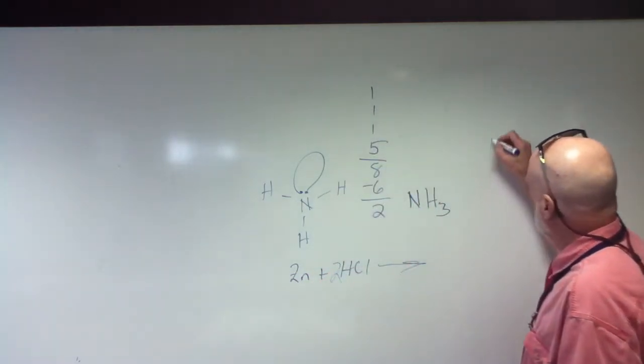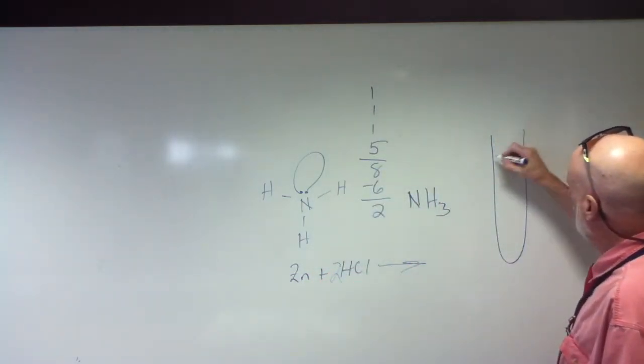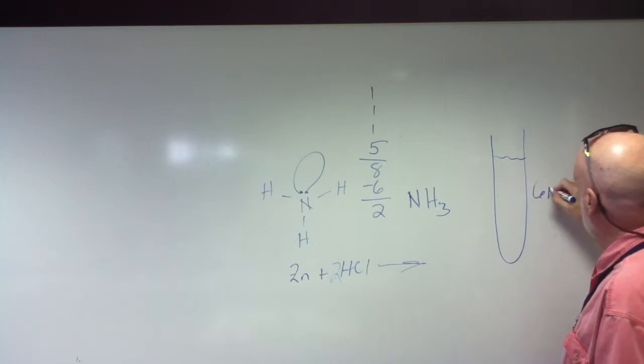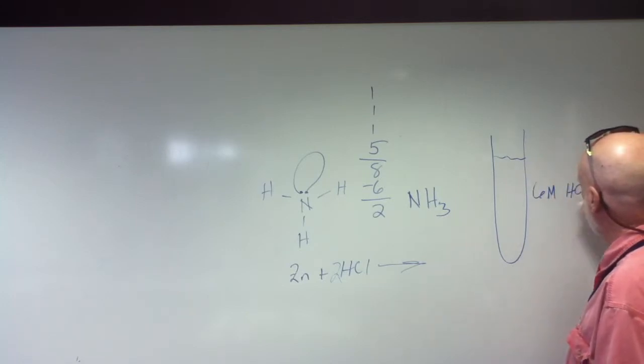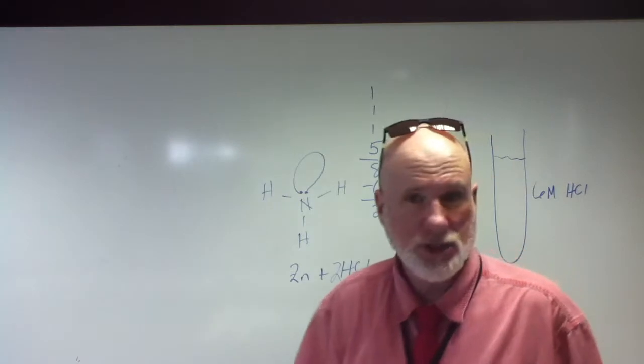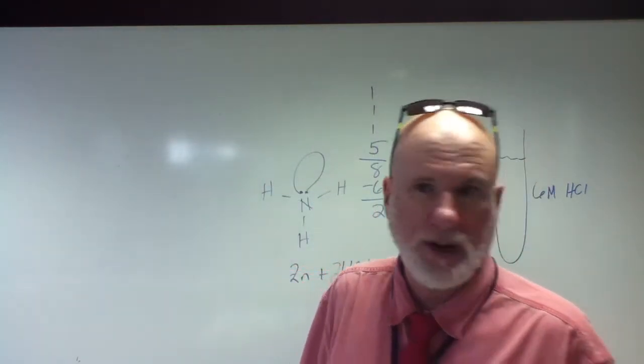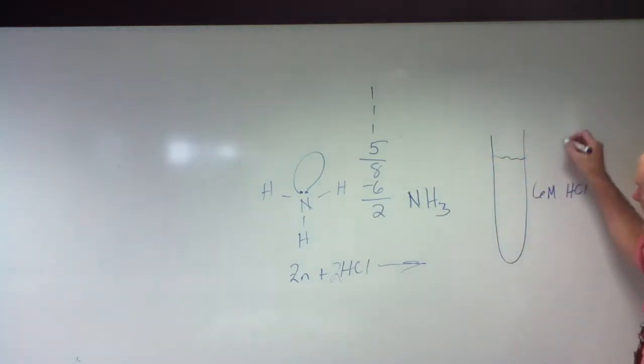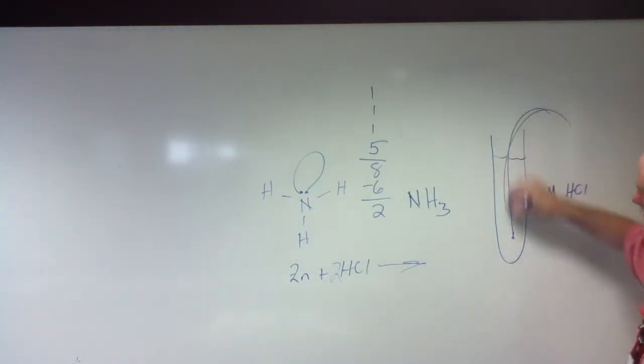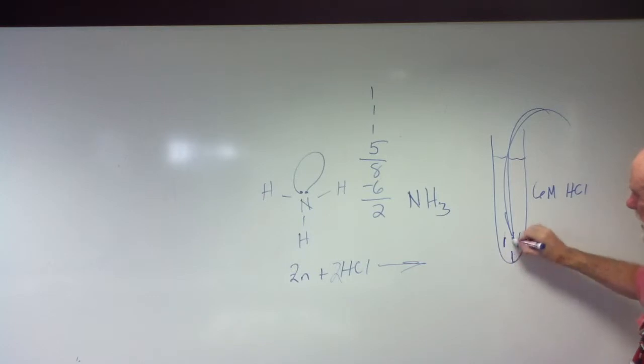So you take a beaker and you put in, let's say, 6 molar HCl, right? Very concentrated. It's about half concentrate. Concentrated HCl is 12 molar. Then you put in zinc, and you have all these plates of zinc in here, right?